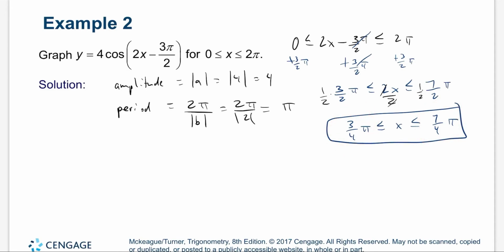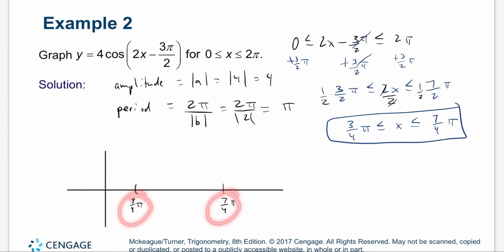All right, so let's draw the coordinate plane. All right, so 3/4 pi, I'm going to put that around here somewhere. And then 7/4 would be around here somewhere. All right, so the first midpoint, you add them, divide by 2.